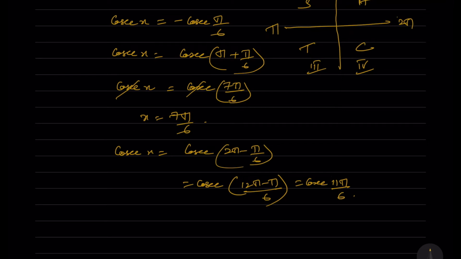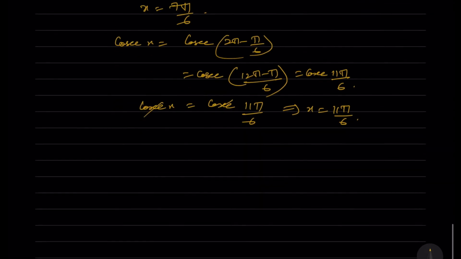So therefore here cosecant x is equal to cosecant of 11 pi by 6. So the cosecants will get cancelled, which implies x is equal to 11 pi by 6. So the principal solutions here are x is equal to 7 pi by 6, 11 pi by 6.